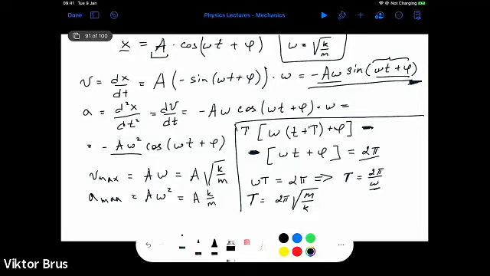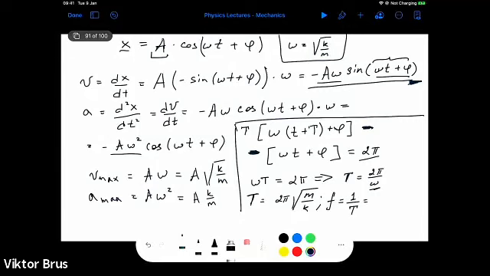There is another parameter which is frequency, and frequency is how many full cycles, full oscillations, are done per 1 second. It means that frequency is defined as 1 divided by T, 1 second divided by the period of the oscillation.